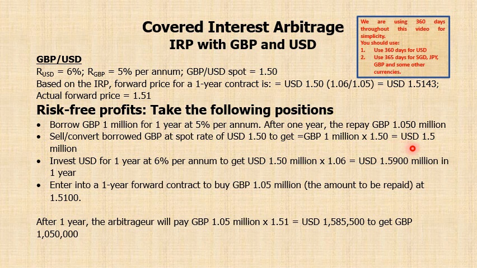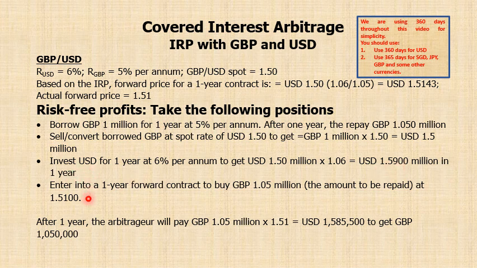Then you invest the USD 1.5 million at 6% interest per annum, which is the applicable rate for the US, to get USD 1.5 million into 1.06, which is USD 1.59 million at the end of 1 year.